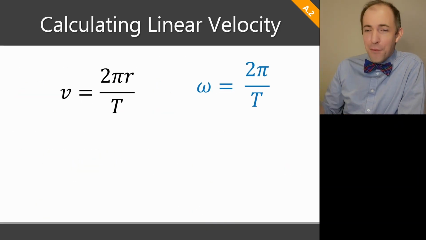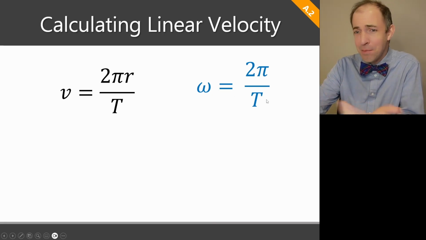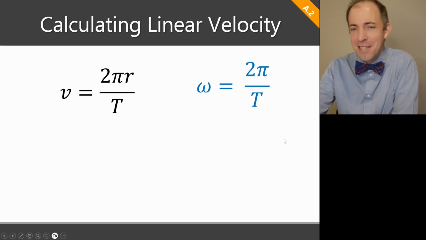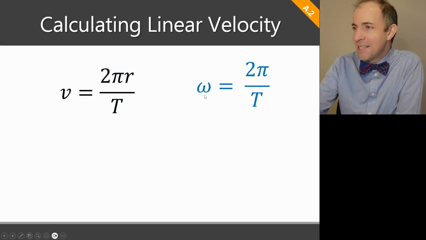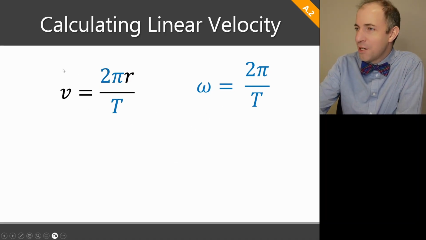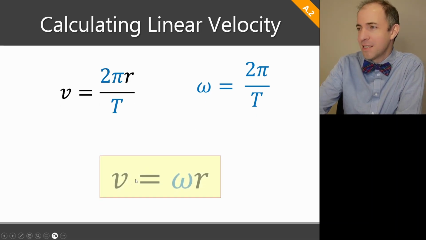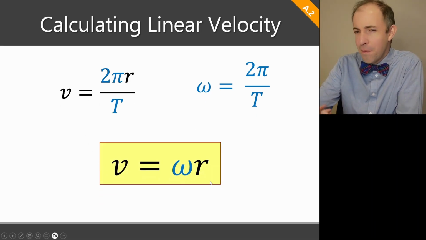All right, now if we know that v is 2 pi r over t, and omega is essentially 2 pi over t, one circle worth of radians divided by the time for one time around, I see that in here. There's a 2 pi over t built into this equation. So instead, I could define v in terms of omega, my angular velocity, and just say v is equal to omega times r.